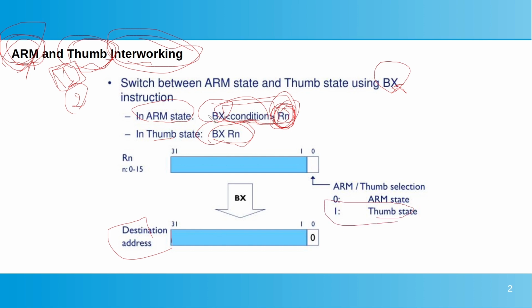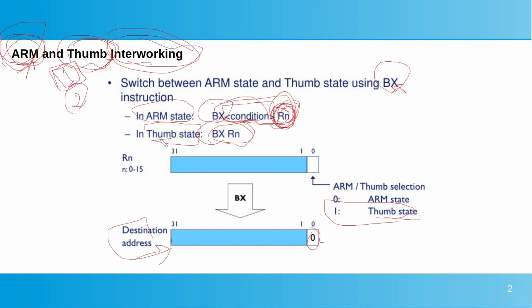Hence, if we execute a branch with exchange to a destination address stored within this register, and this destination address has bit number 0 set to 1 within this register, then the CPU will switch automatically to thumb state and will start executing, of course, from this address. The bit number 0, of course, will be cleared once we start executing from that address. Hence, the bit 0 is always used as a way to distinguish between jumping to ARM state or thumb state.